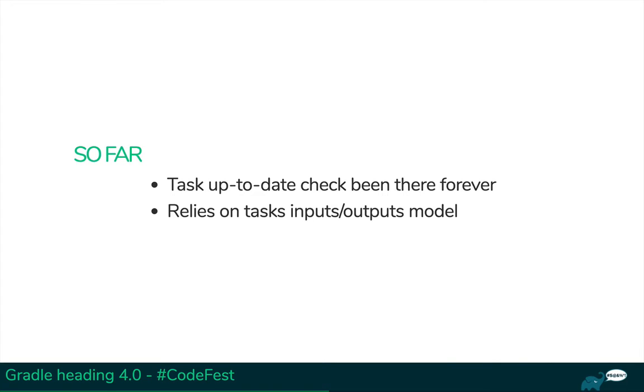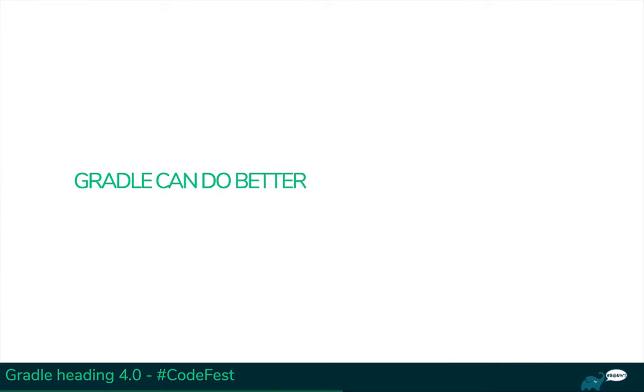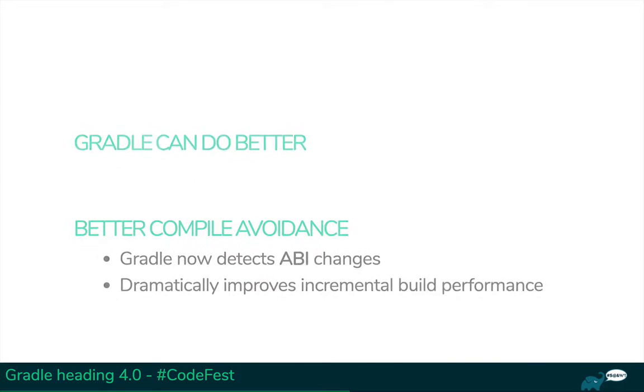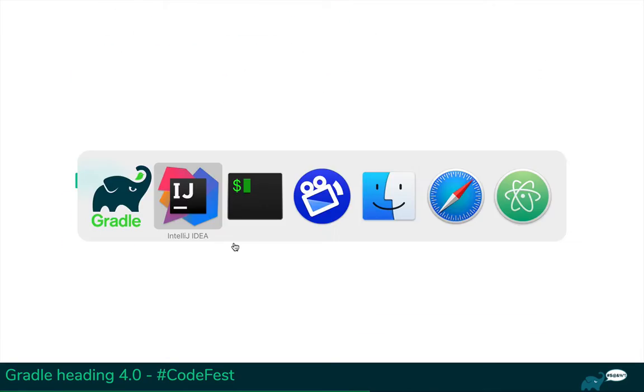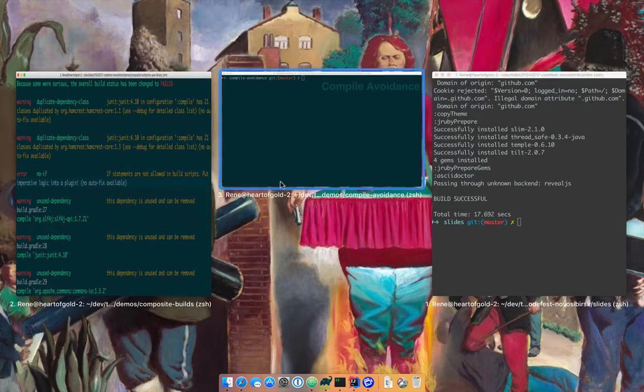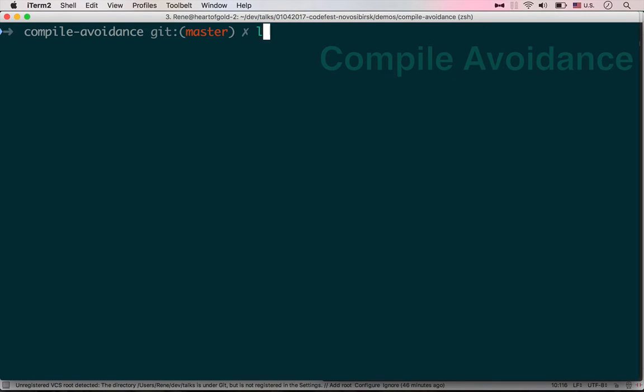But we can do better when it comes to avoiding compilation. Gradle now detects changes of the binary interface of your dependencies, and that dramatically improves incremental build performance, especially in bigger builds. So maybe let me show that to you.